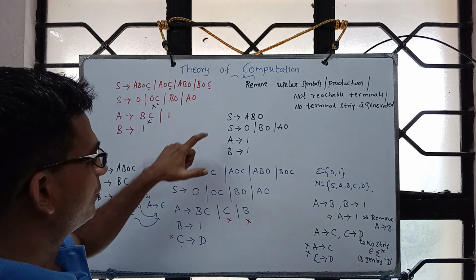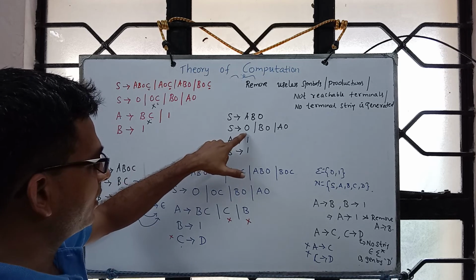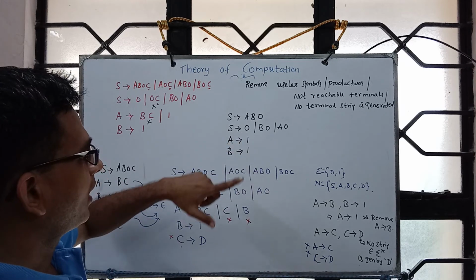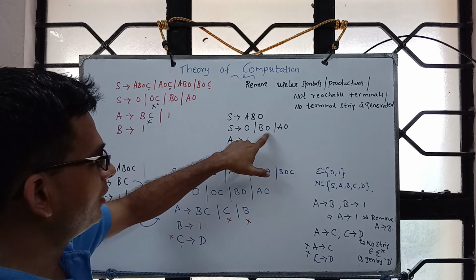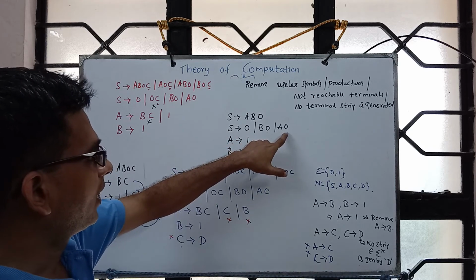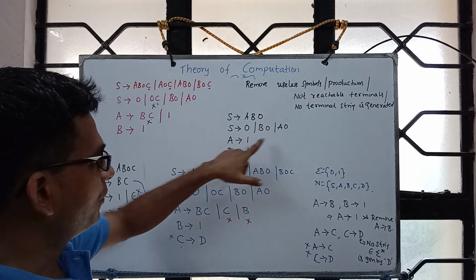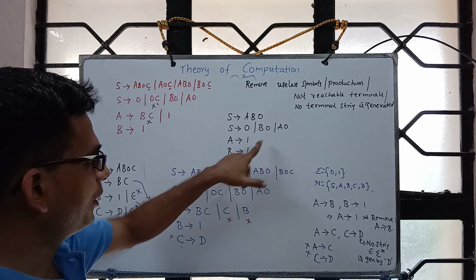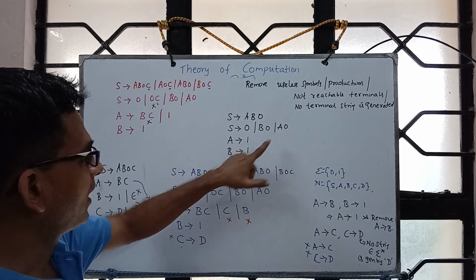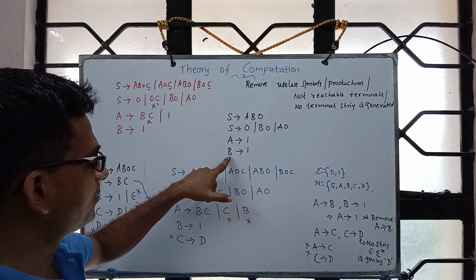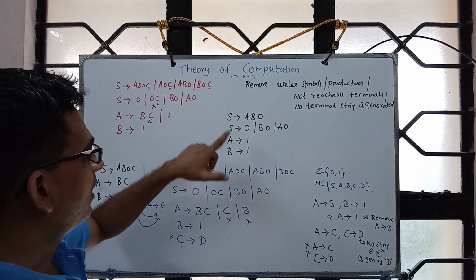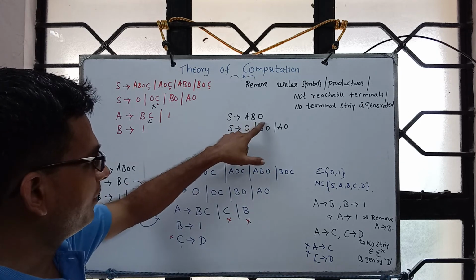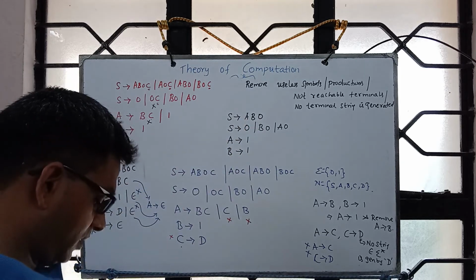Okay. So you see that S implies 0 is allowed, and you get to see B0, A0, and when you want to terminate, substitute 1 for A, and when you want to terminate, you substitute 1 for B. And similarly, when you want to terminate, this.